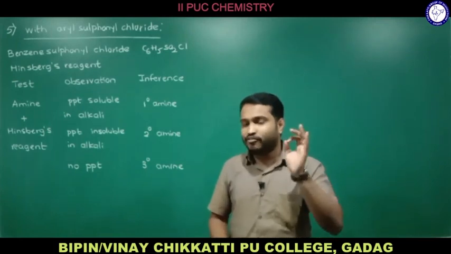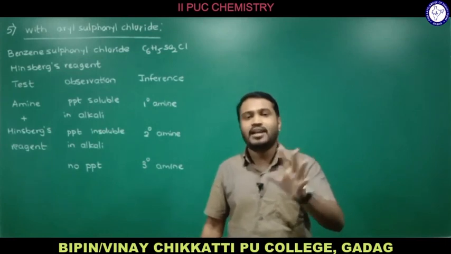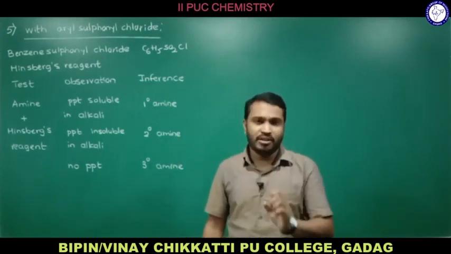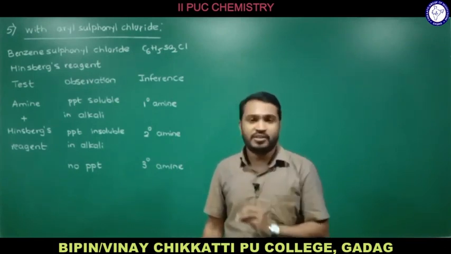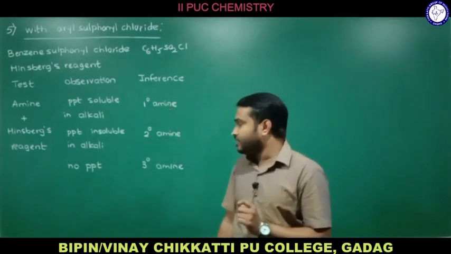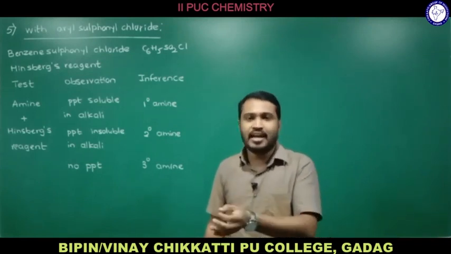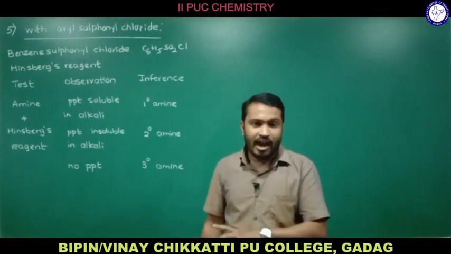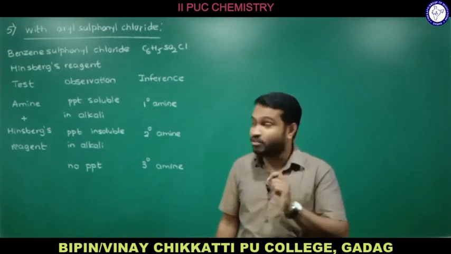Remember, in case of primary amine we get a precipitate that is soluble in alkali, whereas in case of secondary amine we get a precipitate that is insoluble in alkali, whereas in case of tertiary amine there is no formation of precipitate. So this is how we distinguish primary, secondary and tertiary amines. Therefore the test which distinguishes primary, secondary and tertiary amine is the Hinsberg reagent test. And we have a test for only primary amine. What is that? Carbylamine reaction, Carbylamine test.